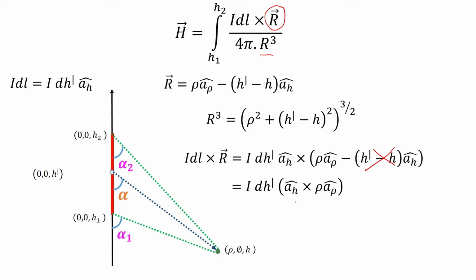But from the relation between unit vectors, which we have discussed in the previous modules, I can write that a z cap cross a r cap is equal to a phi cap. So my numerator term is this, whereas denominator r is nothing but the magnitude of r bar.